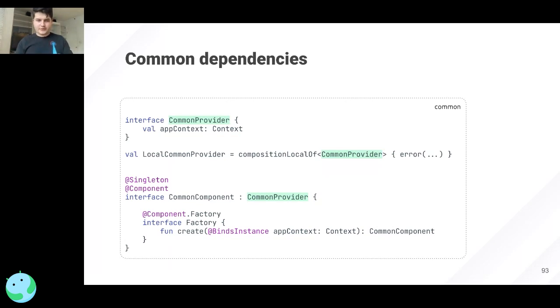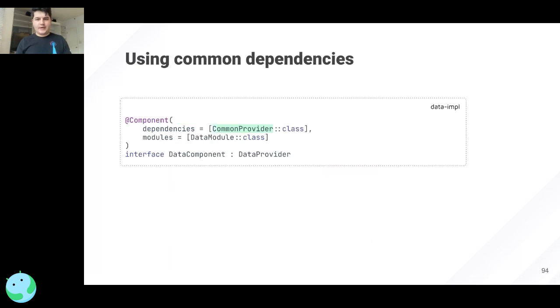We also have a composition local for that, and we have a common Dagger component, which implements this provider. And when we want to use context, for example, in the data implementation feature module, we just reference this common provider. And as you remember, the common provider is just a pure interface with only an abstract property, context.